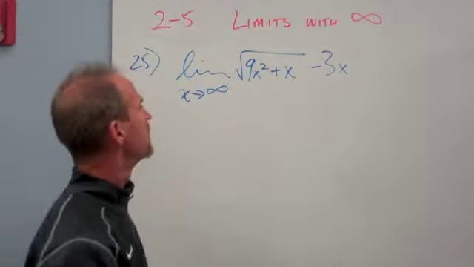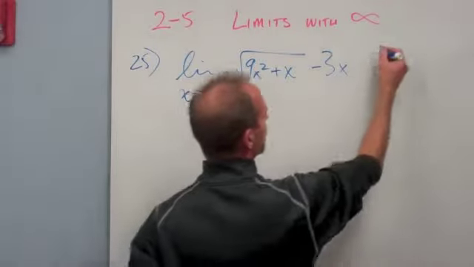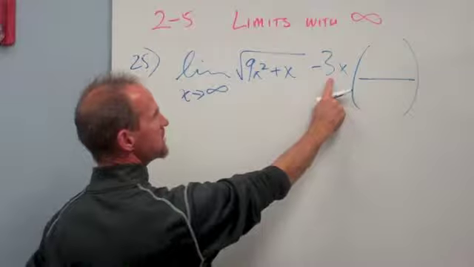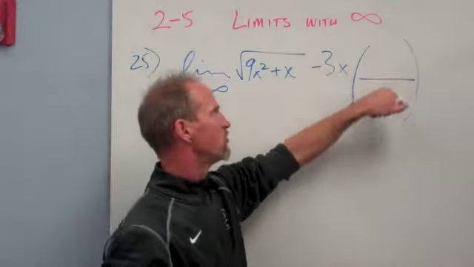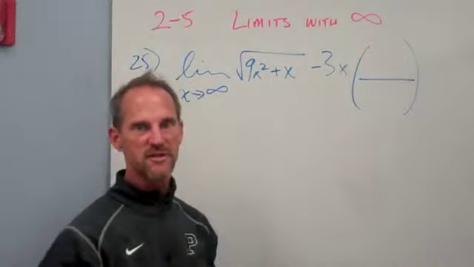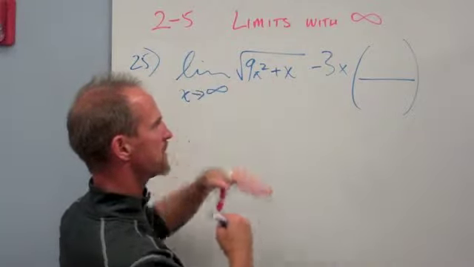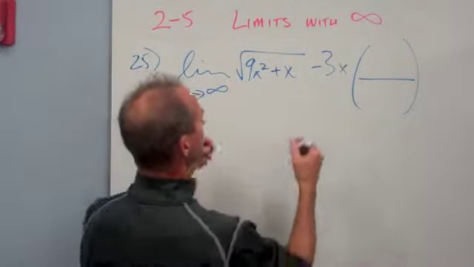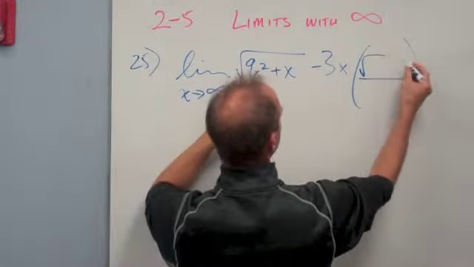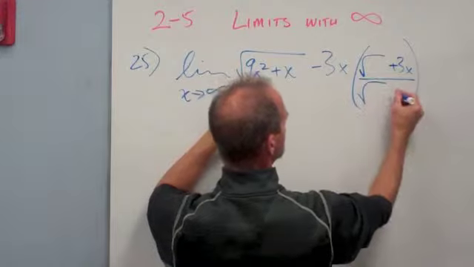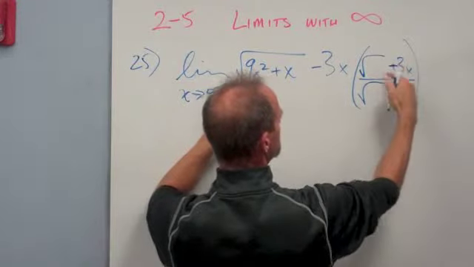It's hard to tell. So we're going to multiply by 1 in the form of the conjugate of this in order to try to get a ratio, because we're good at solving these things when they're in fractions, because we can look at which wins, the top or the bottom, which gets big or which gets small. The conjugate of this is the radical and then plus 3x, and then the radical and plus 3x in order to keep this 1.